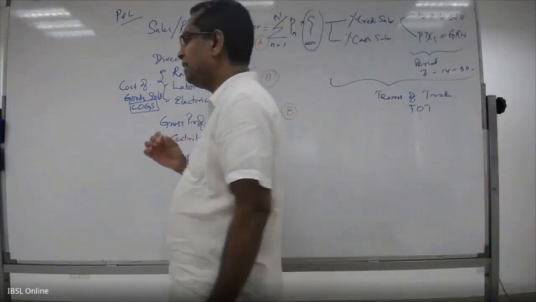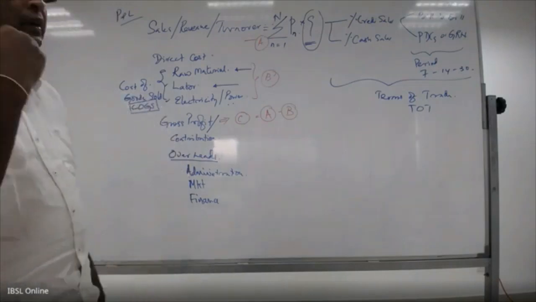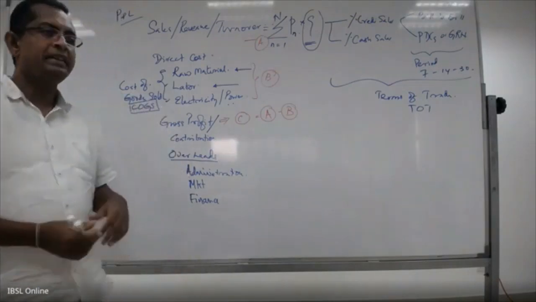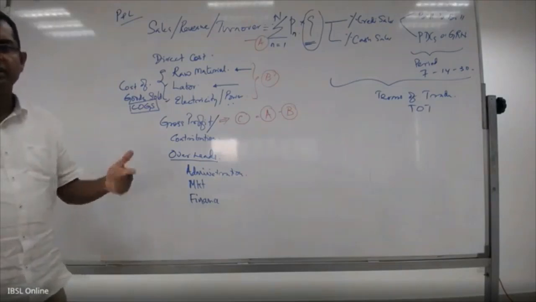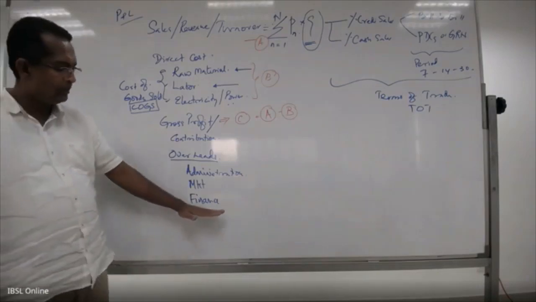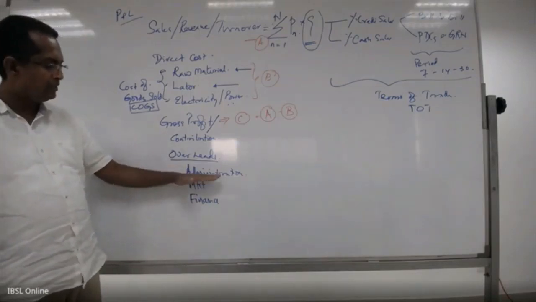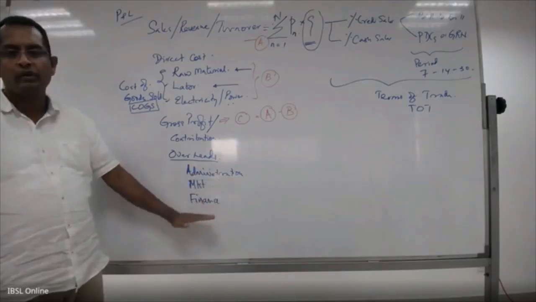Any expense or any payment we made to a bank other than the interest, checkbook charges, commissions, fees, stamp duties, all those things are coming here. So these three items are called overheads, fixed cost.